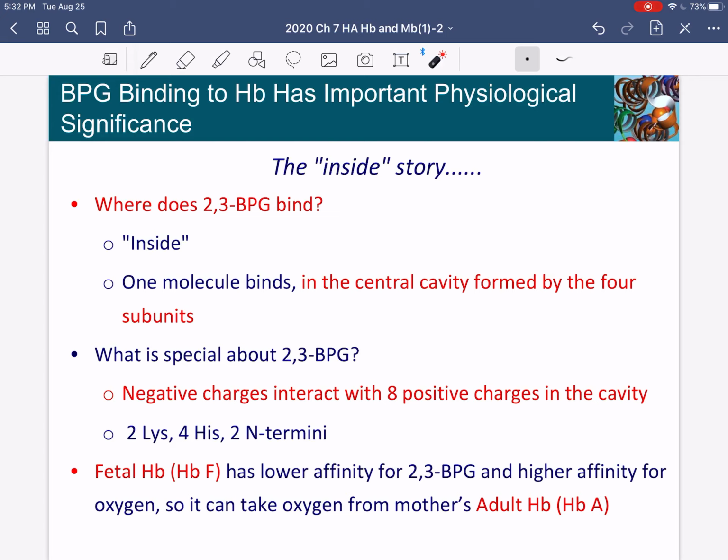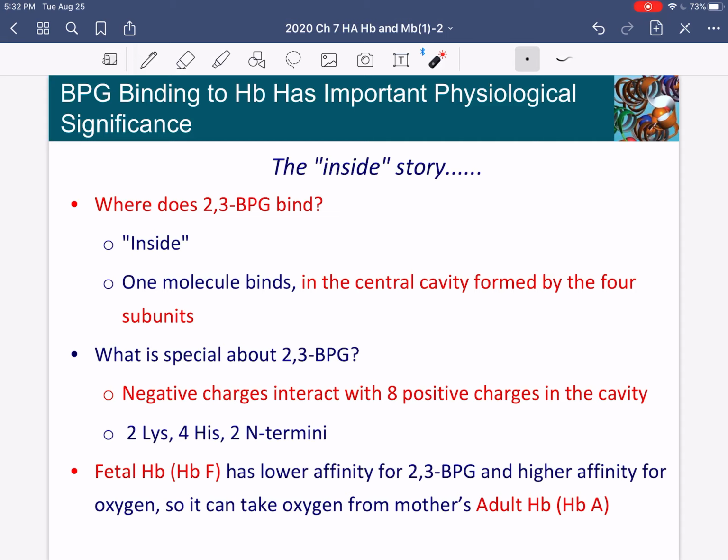Now, when you look at fetal hemoglobin, this is the hemoglobin that is in the fetus when it's still inside the mother's womb. The fetus has to win in the competition for oxygen with the mother's tissues, right? So it turns out that the fetal circulatory system is separate from the maternal circulatory system, but the capillaries meet for gas exchange in the placenta.